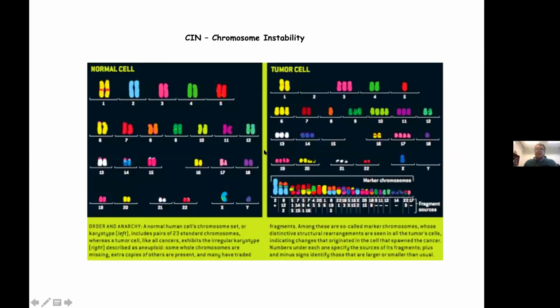One of the consequences is that instead of inheriting a normal genomic complement, a tumor cell will inherit, for example, 3 copies of chromosome 6 or 3 copies of chromosome 3, or bits of chromosomes that are abnormal.